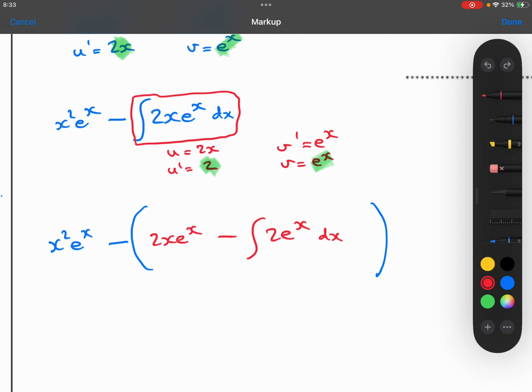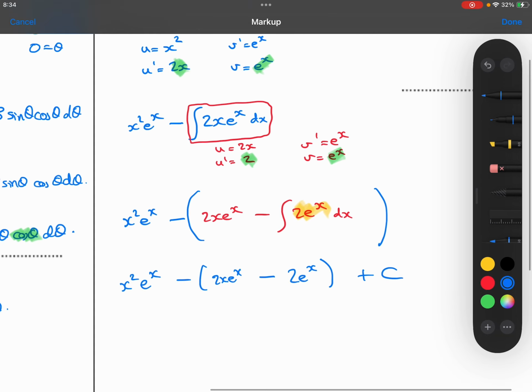So let's do that. Let me copy down everything else that I've got there. Okay, the integral of 2e to the x is going to be 2e to the x. And now I'm just going to be careful with these brackets.